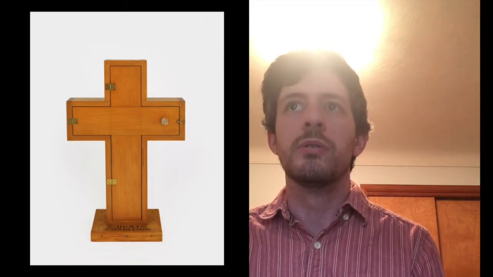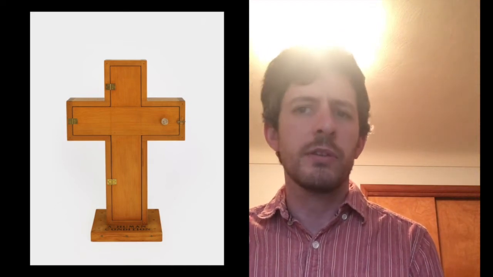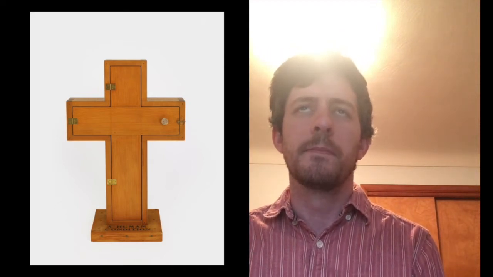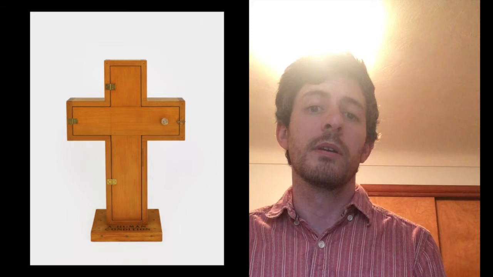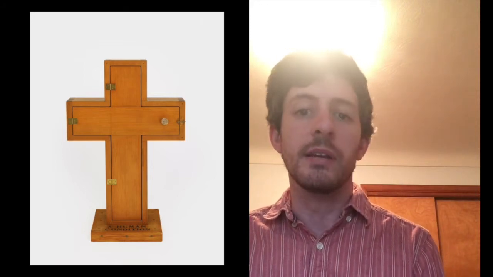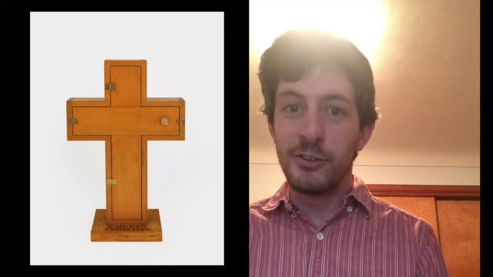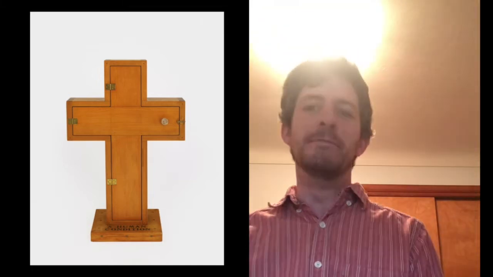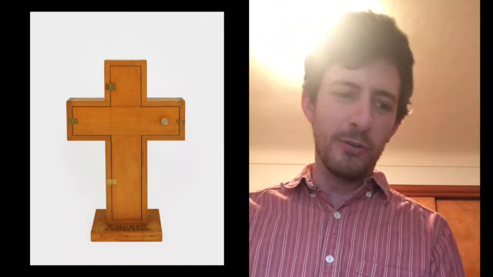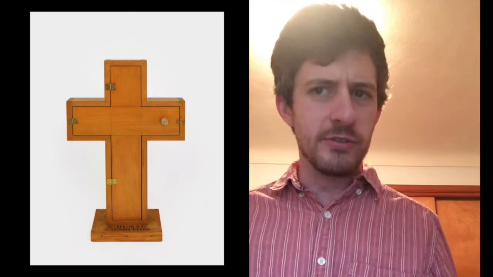You could argue that it has something to do with Christianity, but there's one thing that makes this a lot more compelling, a lot more interesting than just a cross. Duh, it's a cabinet, so that suddenly makes it more interesting.